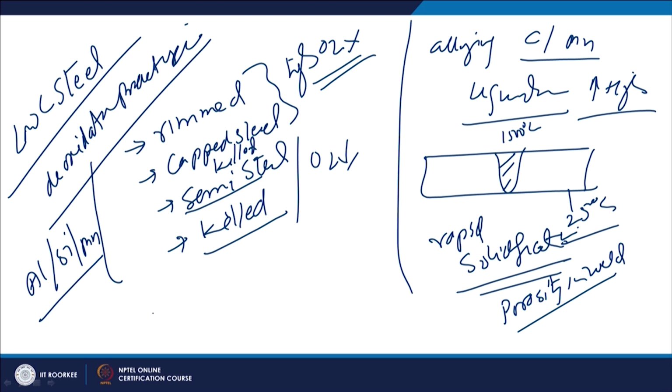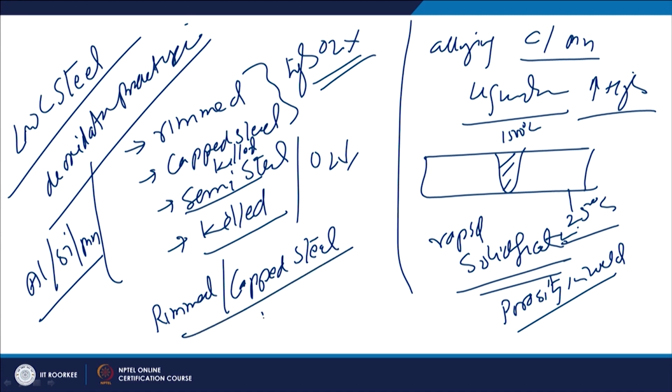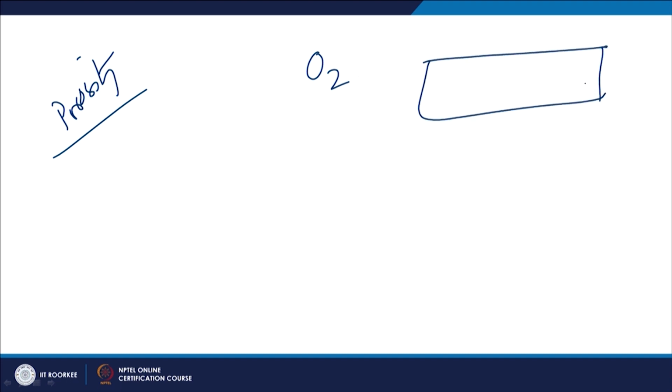So, when the rimmed or capped steel, which is having a high concentration of oxygen, is subjected to the fusion welding, then we come across the problem of the porosity. What is the reason behind it? There is high oxygen concentration present in the base metal in the dissolved state.